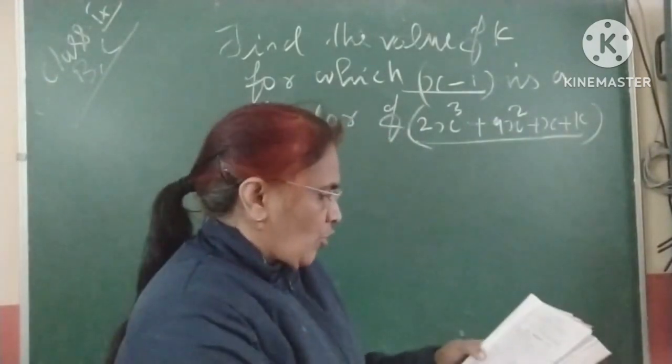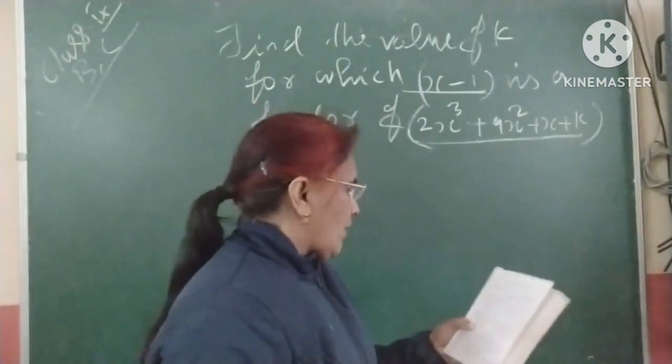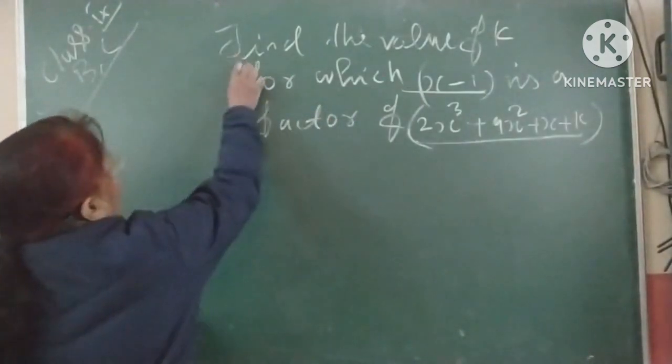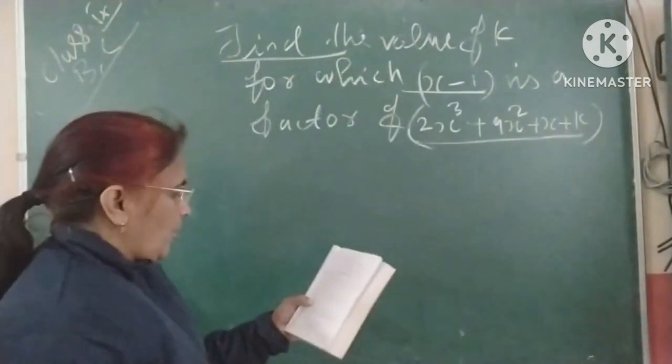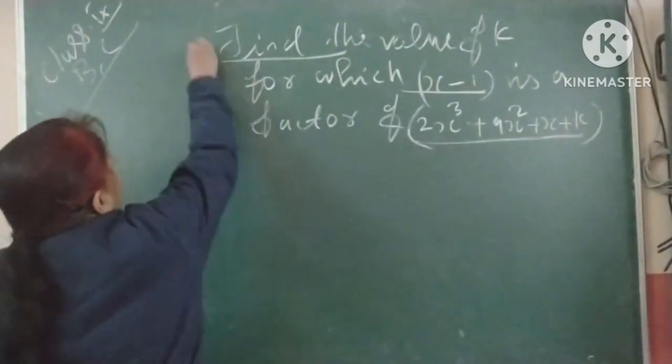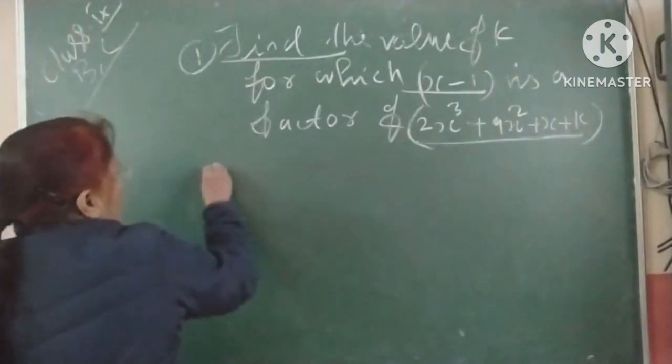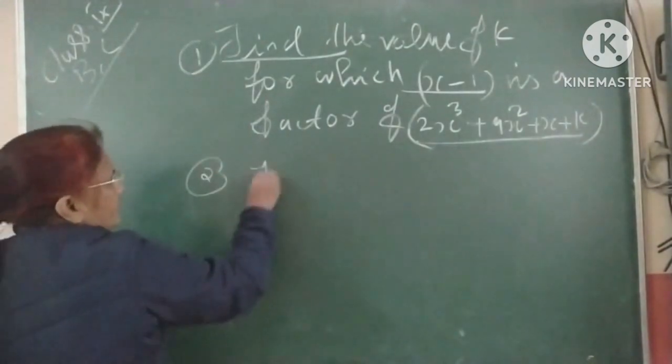Now question number 2. Find the value of a. This one is first one, this one is second one.